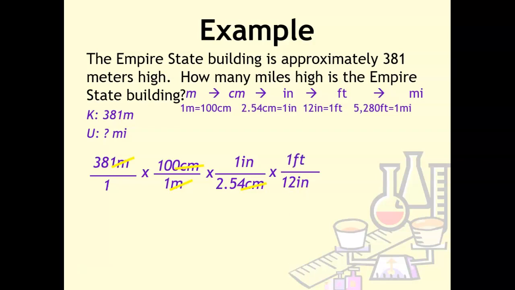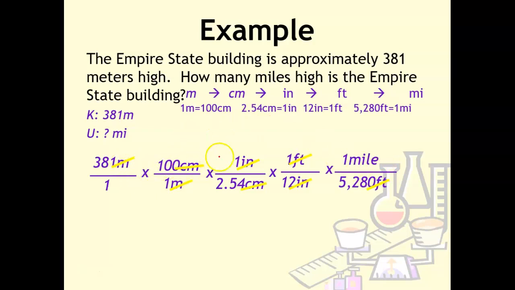So the 1 goes with the foot. Inches cancels out. And we have feet on the top. So feet go on the bottom. And we have 5,280 feet to 1 mile. And that's our finish of our conversion factors. We're going to cross out feet. We just now converted from meters to miles, going through all these steps.